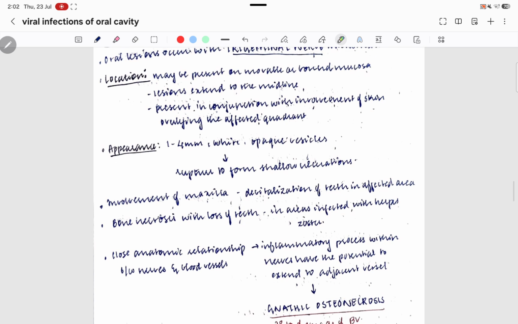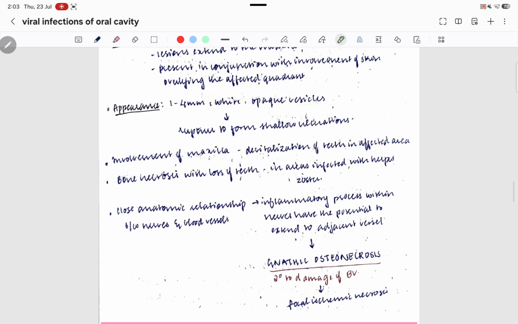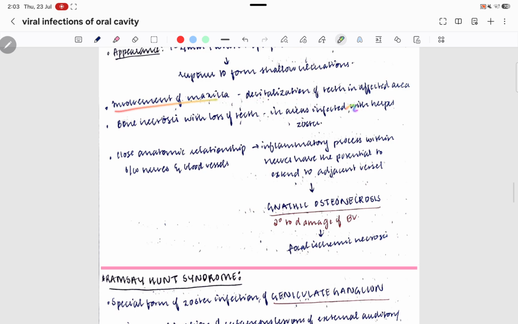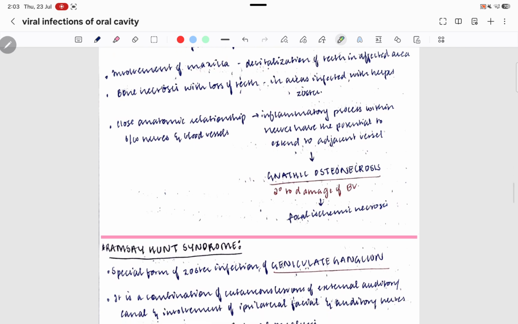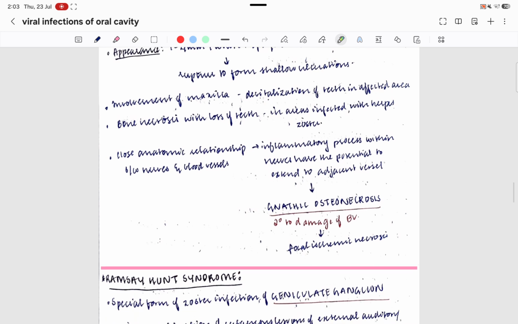After this, white, opaque vesicles develop in the lesion. Then these vesicles rupture to form ulcers. Then there is involvement of the maxilla, then devitalization of teeth. In the affected quadrant, you lose the vitality of the teeth.